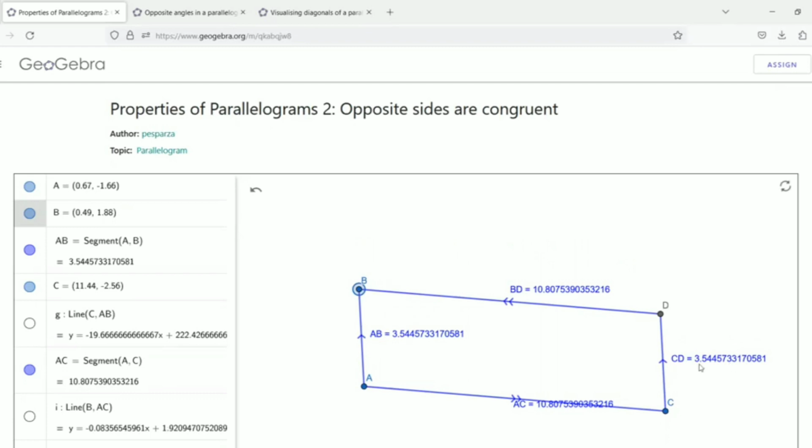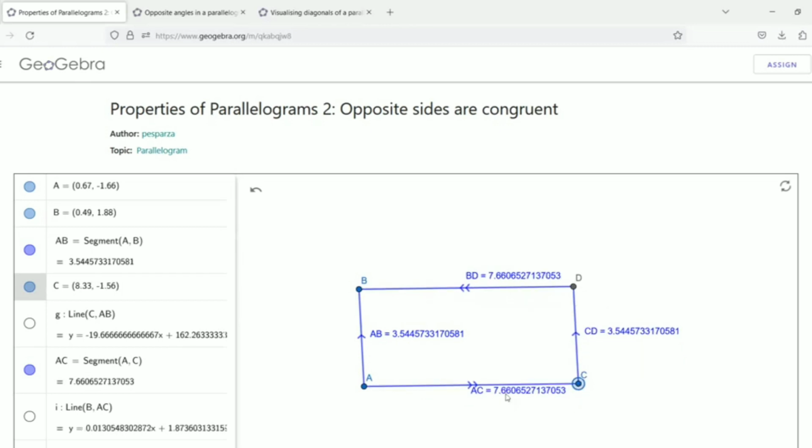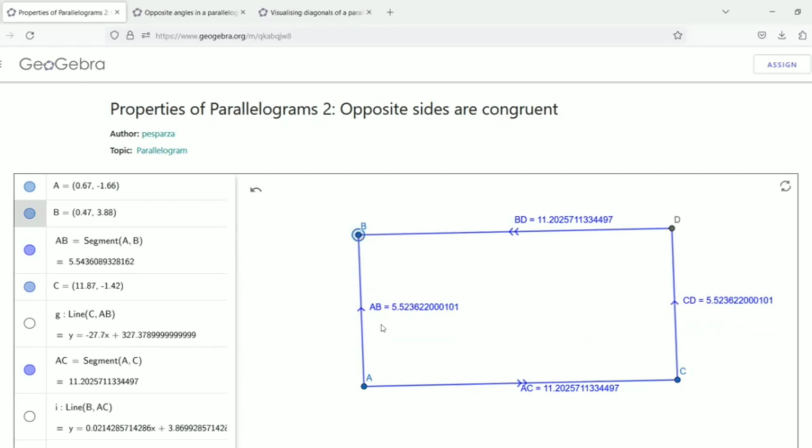So CD also changed to 3.54 because the opposite sides are always congruent. If I try to change AC, look, it is 5.66 and BD is also 5.66. You'll see if I change this vertex, the values are changing. So we can say opposite sides are congruent.